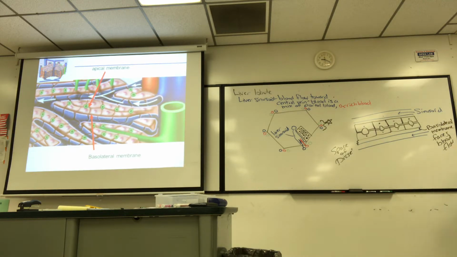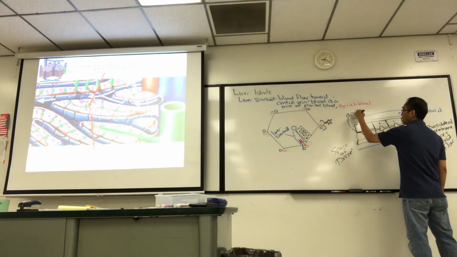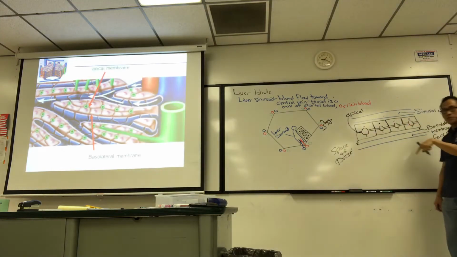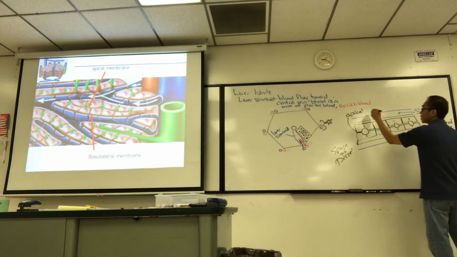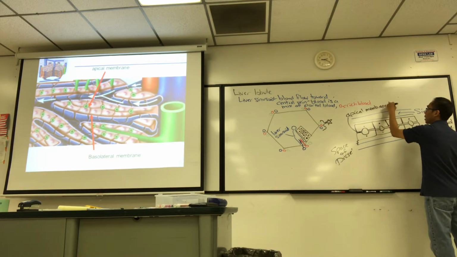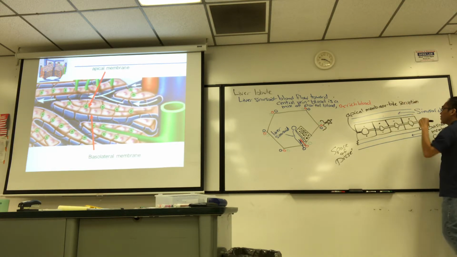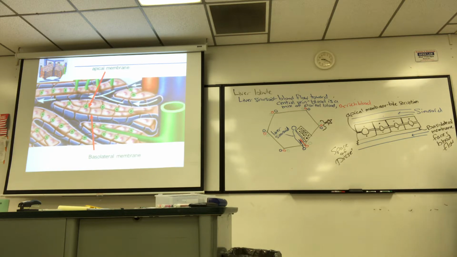Now the apical side, the apical membrane, that's where you get the bile secretion. And the bile secretion is into a little structure called bile canaliculi.